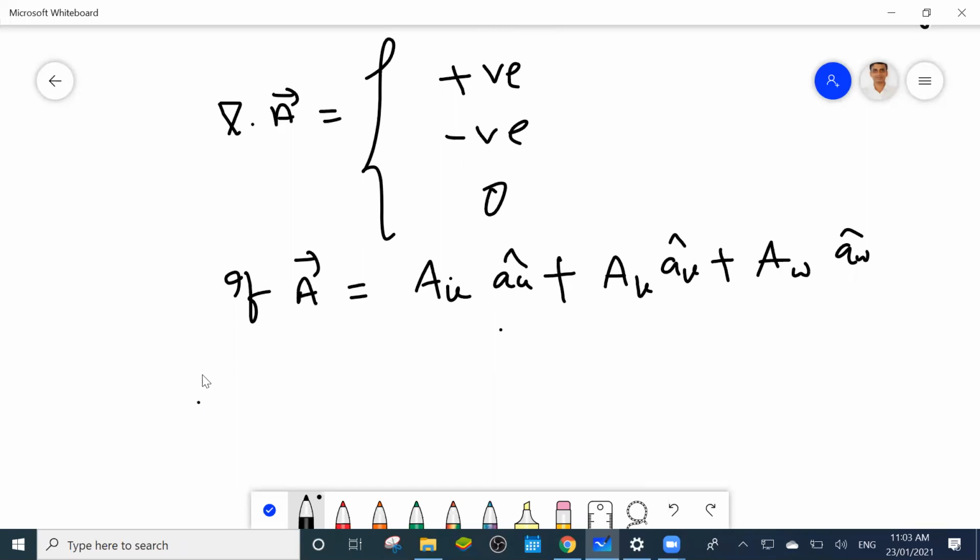Depending on that, the divergence of a vector in general format is 1 by h1 h2 h3, then with respect to del u, del v, del w.